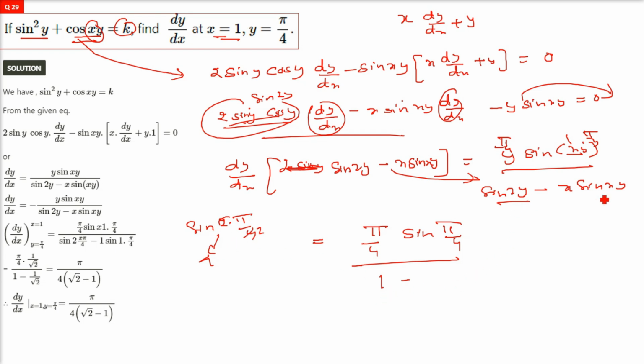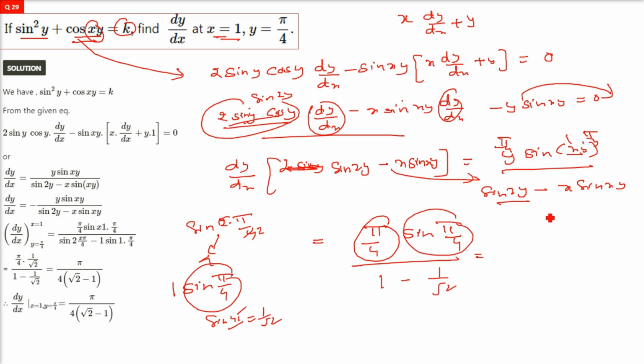And minus x is 1, sin xy, so sin 1 into pi by 4. Again sin pi by 4 is what? It's 1 by root 2. So pi by 4 is already there, and sin pi by 4 is 1 by root 2. So this is pi by 4 over 1 minus pi by 4 into 1 by root 2.